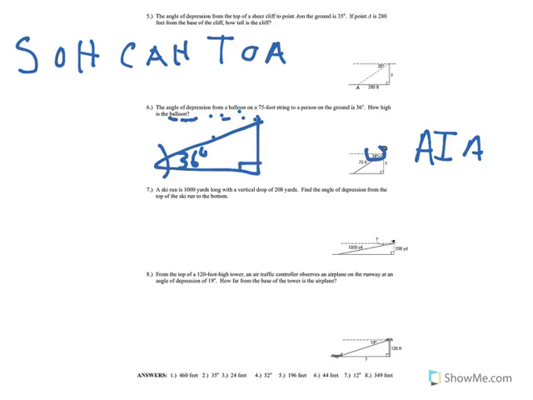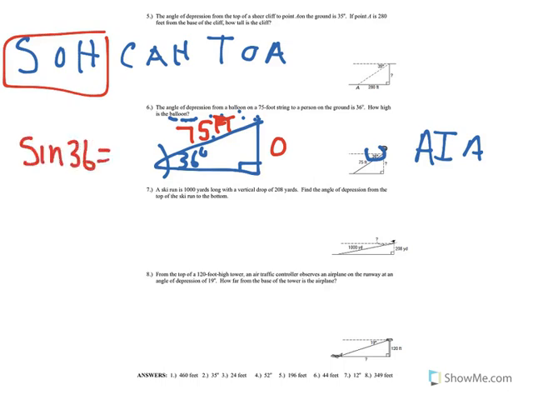Here's your right angle. Now we can see that your hypotenuse is 75 feet, and the side we're missing is the opposite side. So where do you see on SOHCAHTOA where opposite is missing and hypotenuse is given? You can see that it's the sine. So we're going to say sine of 36 equals O over 75.